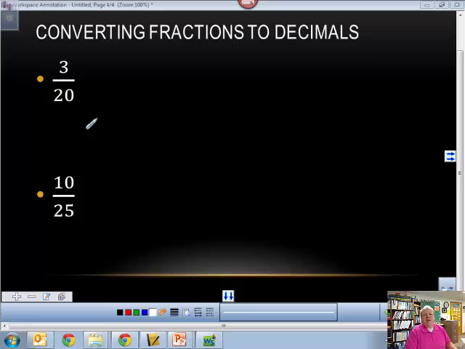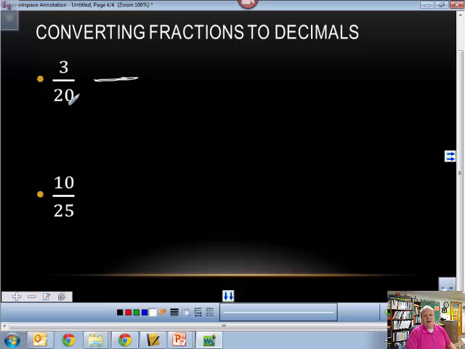Here we're talking about converting fractions to decimals. Well, I know that I need it in some sort of a power of 10. Well, I need to look. Can I make 20 into a power of 10? Well, I can't convert it to 10, but can I convert it to 100?